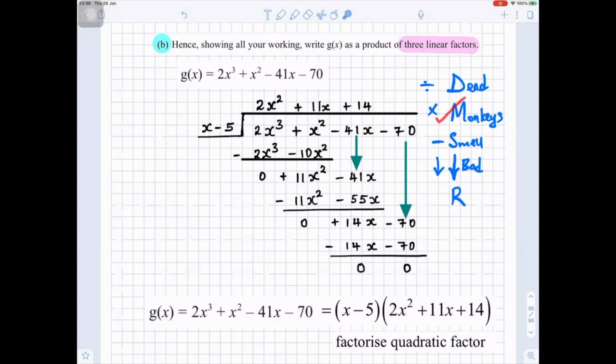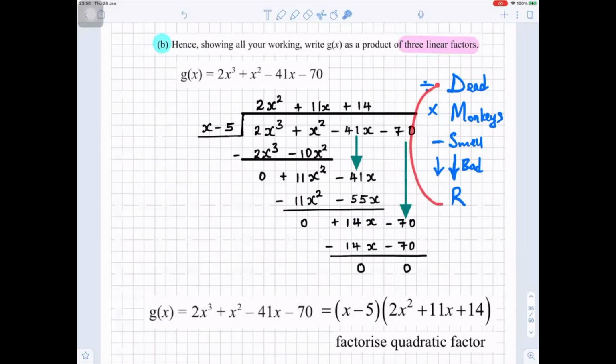Next step, multiply. 11x times x is 11x squared. 11x times minus 5 is minus 55x. Next step, subtract. 11x squared minus 11x squared is 0. Minus 41 minus minus 55. This minus and minus becomes a plus. So it's 55 minus 41. It gives you 14x. And the next step, bring down 70.